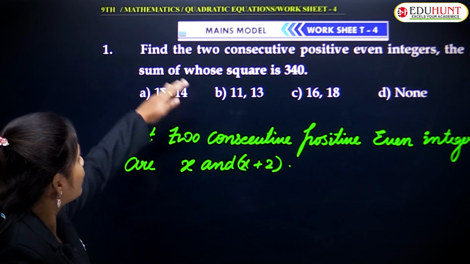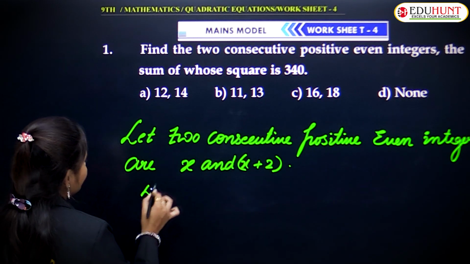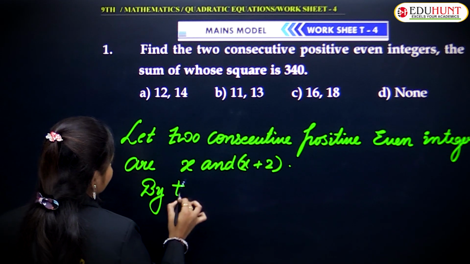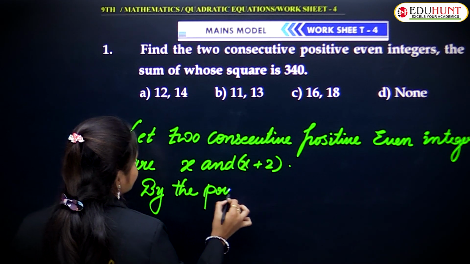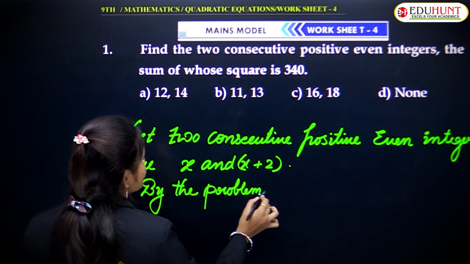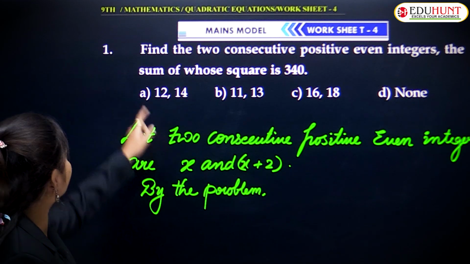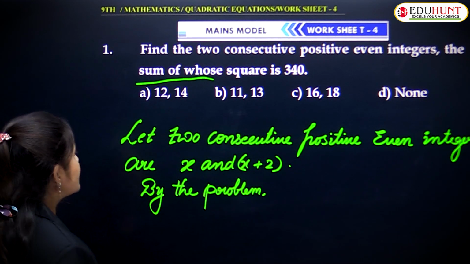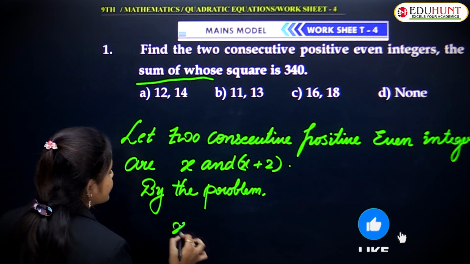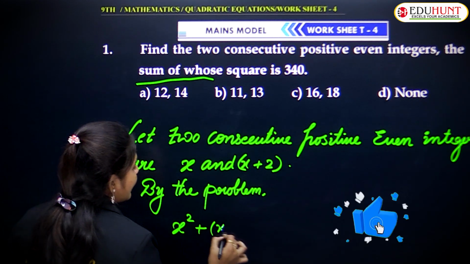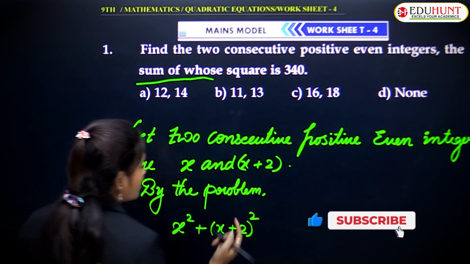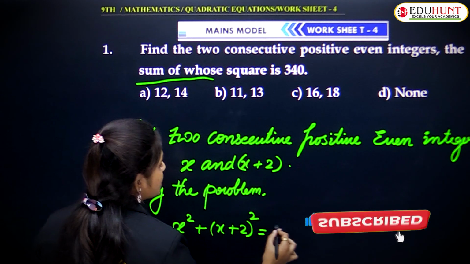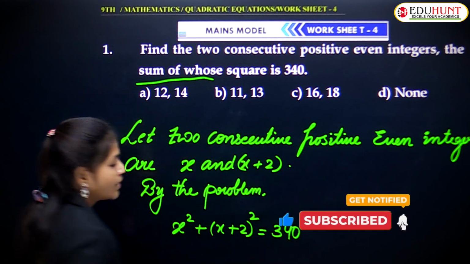Okay, so according to the problem, what they have given here is: the sum of whose squares, which means x square plus (x plus 2) whole square, is equal to 340.